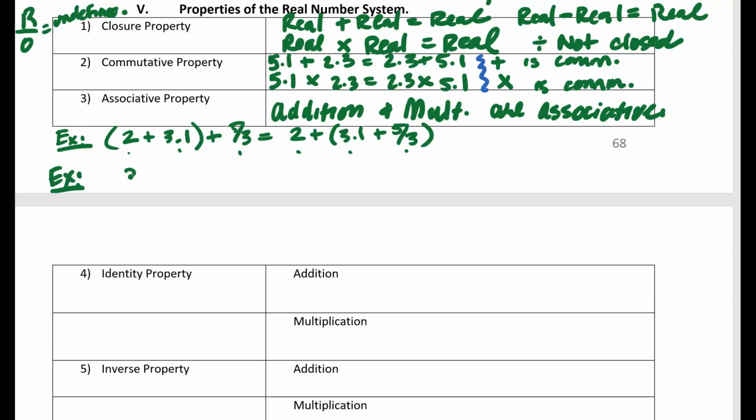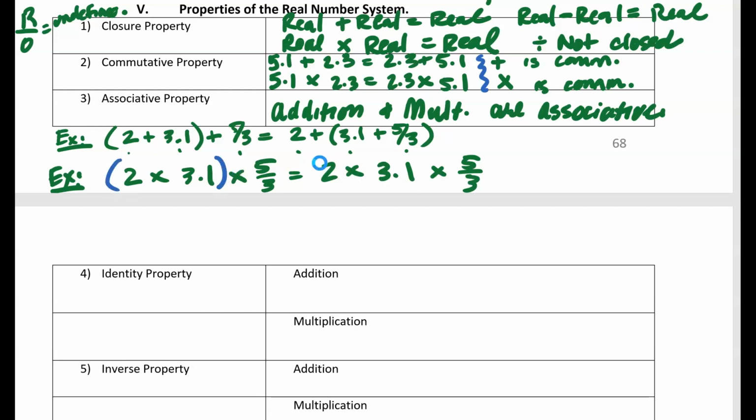I'm going to write it like this so I can show my parentheses a little bit better. Associative means that you can place the parentheses in different locations. Notice I'm multiplying the same numbers in the same order, but the parentheses are in a different location, and we get the same answer. Because of that, multiplication is associative.